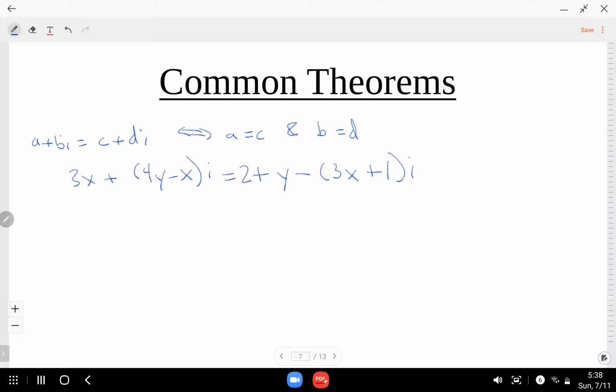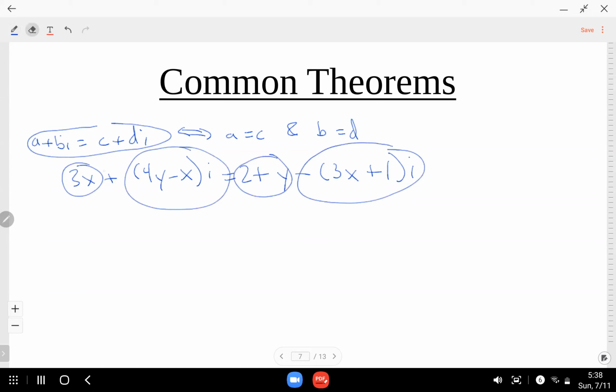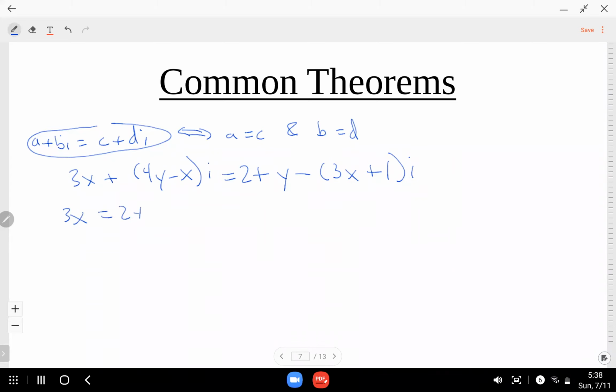So we have this very complicated looking equation, but using this theorem, we can conclude that, let's say this is a, this is b, this is c, this is d. Since they are equal to each other, a equals c, meaning 3x equals 2 plus y.